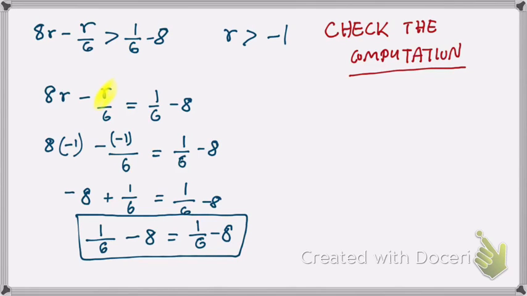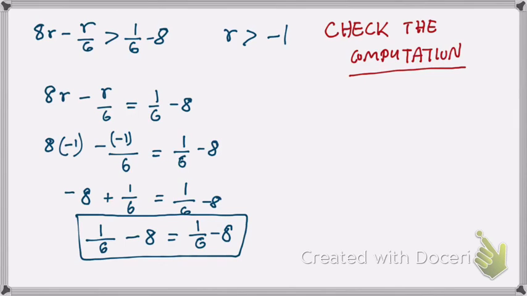When you replace r with -1, we will get 8 times -1 minus, and when we replace this r with -1, you will get minus of -1 divided by 6, which is plus 1 by 6.